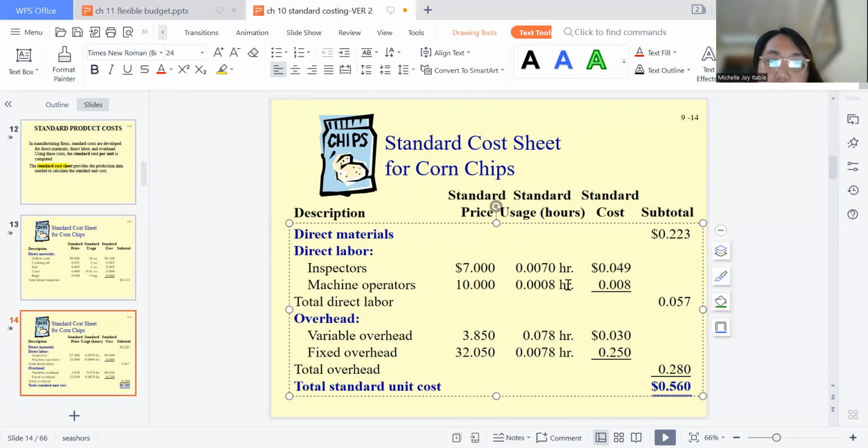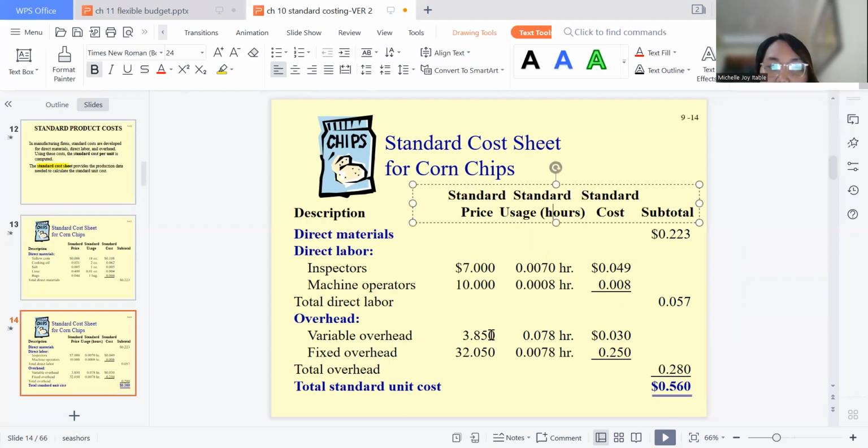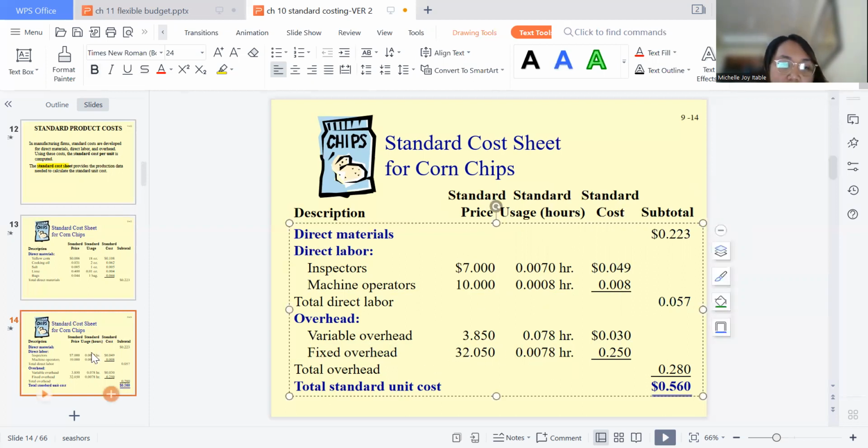It means, class, that in order for us to produce 1 unit of chips, we need this amount of hours. 0.007, I think it's a matter of minutes. So their operation is probably quite fast. And then we also have here the overhead, the variable overhead. We have the standard price and then the usage, and then a fixed overhead.